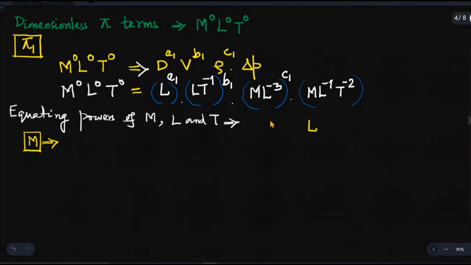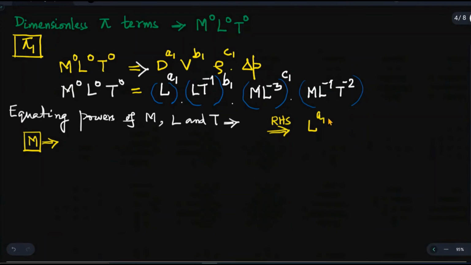Using a raised to m into a raised to n is a raised to m plus n, it is L raised to a1 plus b1, then minus 3c1, then minus 1. So that is for L.